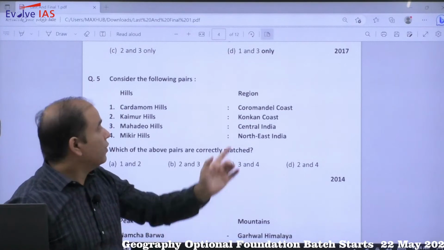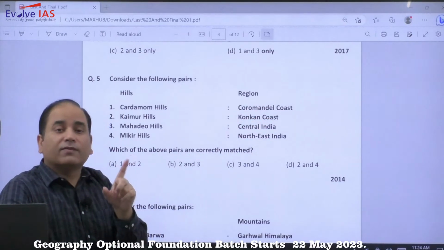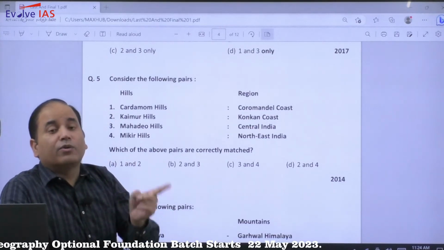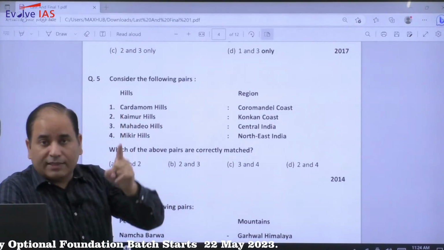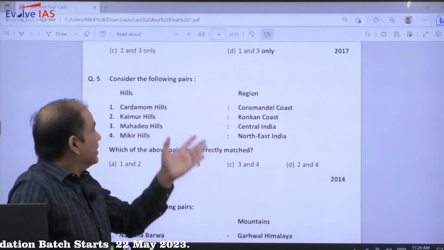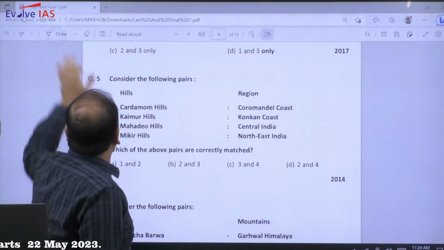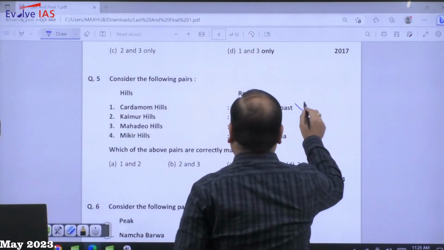Whereas the Coromandel Coast is what? First of all, it is a coast, and the Coromandel Coast is part of the Eastern Coast. It is not Western Ghats. So this statement is incorrect.